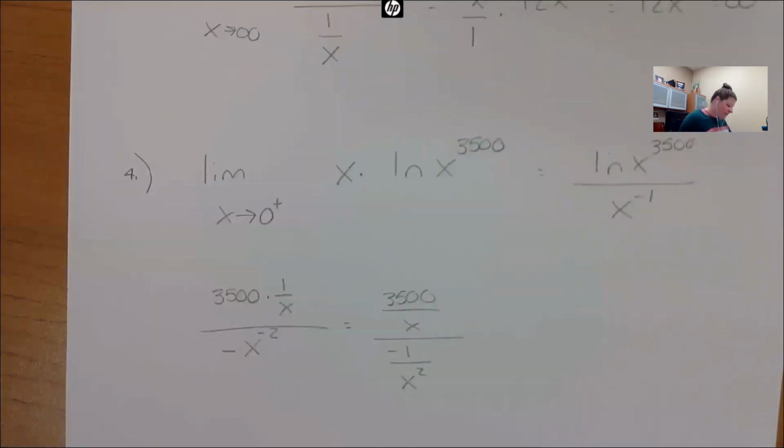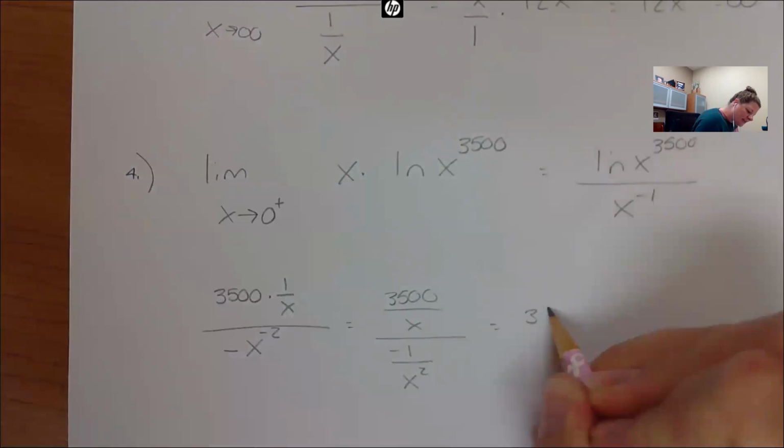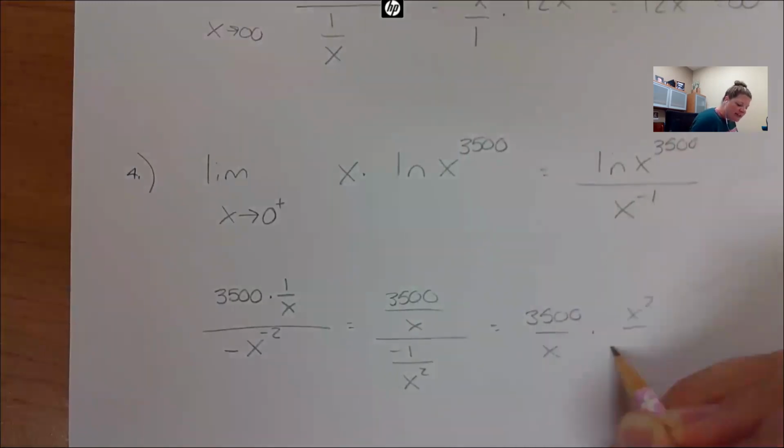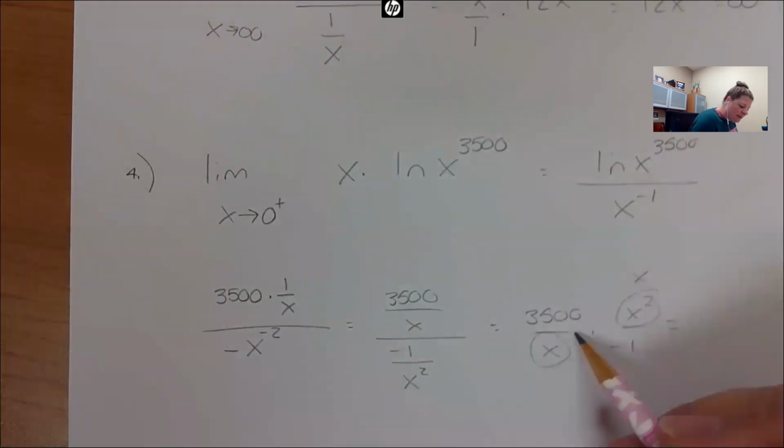So we're going to flip this over and multiply and see what we have. So we have 3,500 over x times x squared over negative 1. And then we can see that one of these x's cancels with one of those x's, leaving just an x.